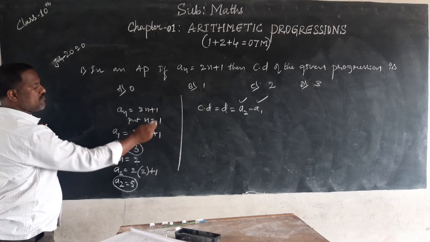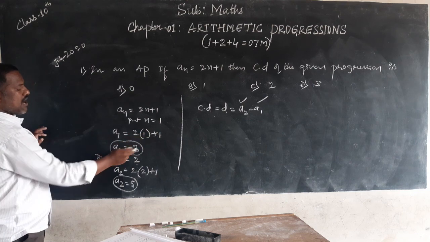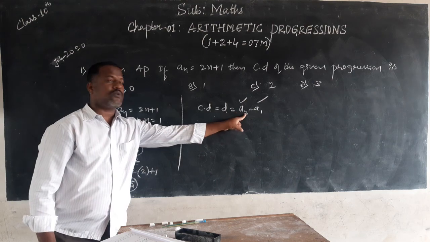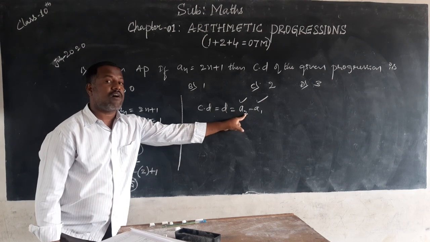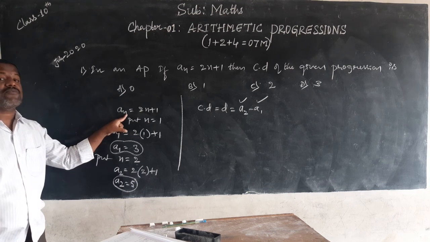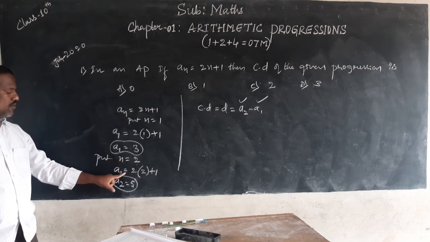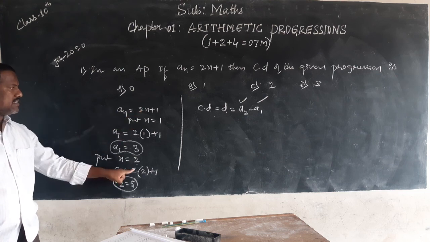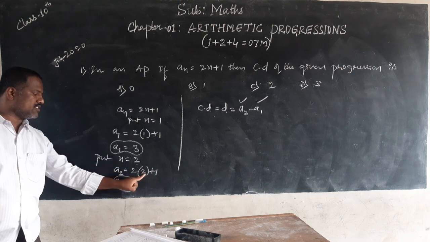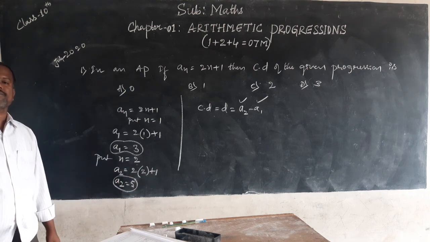Close the bracket, plus 1 you should write as it is. 2 ones are 2, 2 plus 1, 3. The value of A1 is 3. Again, what we want? A2. If you want A2, fill in place of n, that is 2. A2 is equals to 2, in place of n, 2, and we write plus 1 as it is. 2 2s are 4. 4 plus 1 is 5. The value of A2 is 5.